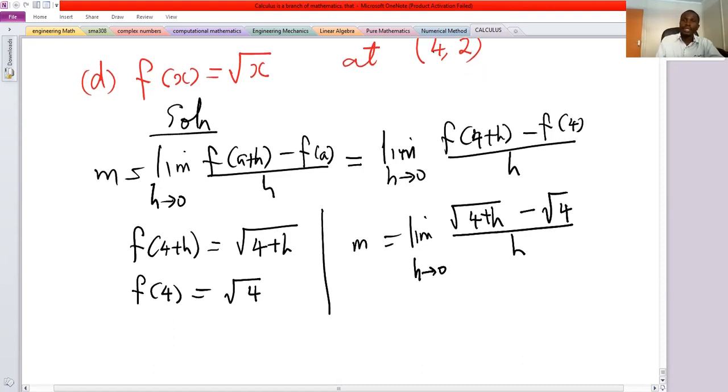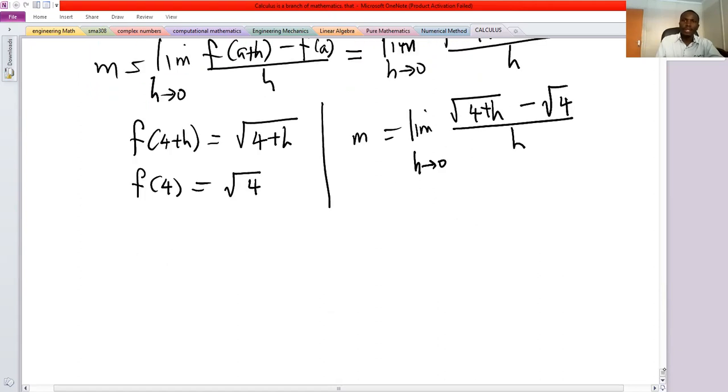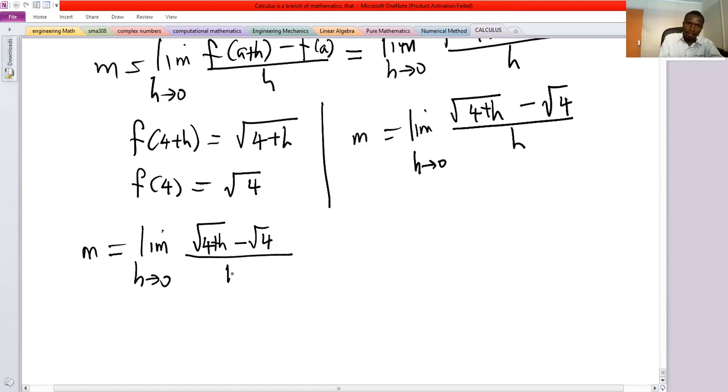Now this one, to be simplified, we need to use rationalization of the numerator. So m is the limit as h approaches 0 of root 4 plus h minus root 4 over h. So multiply both by the conjugate, which is root 4 plus h plus root 4, divided by root 4 plus h plus root 4.